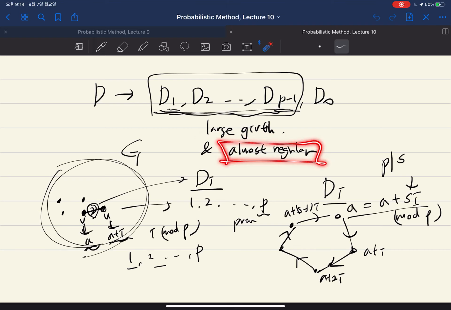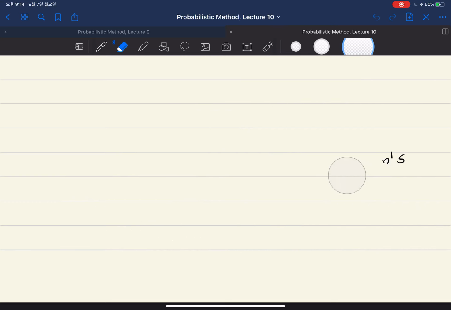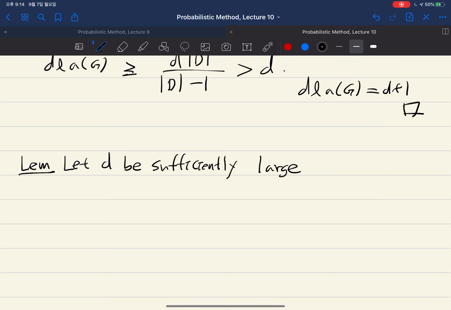So to ensure this, we want to color the vertices with a random coloring. The following lemma ensures that we can actually achieve that each such graph is almost regular.